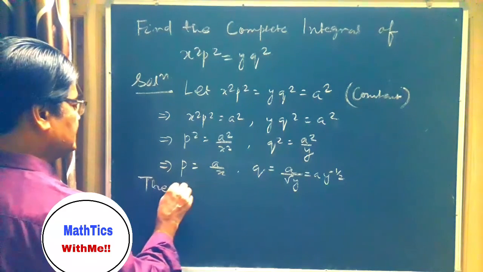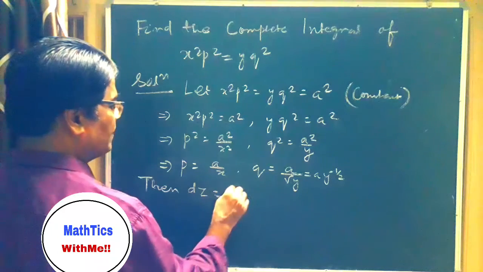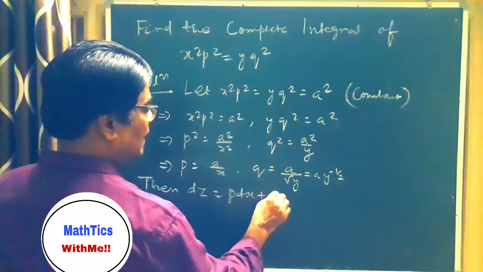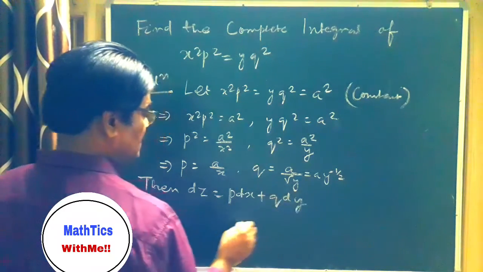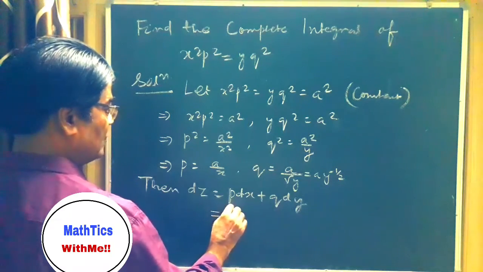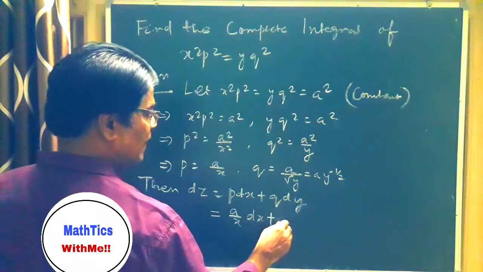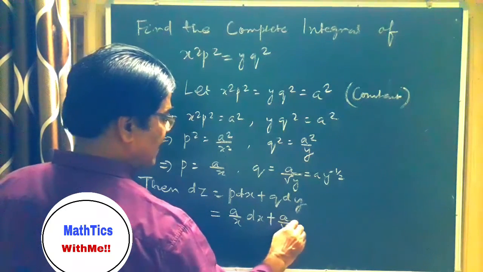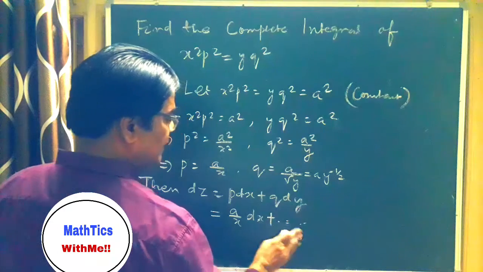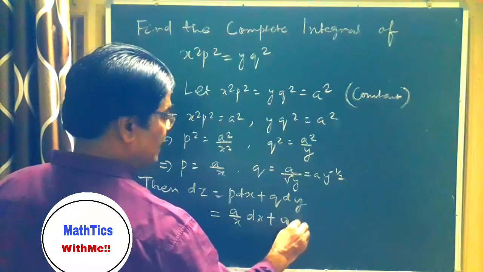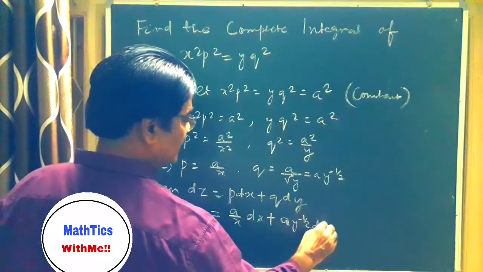Then dz is equal to, we know, p dx plus q dy. So now let us put the values. This is a by x dx plus a by root y, that is a y to the power minus half, dy.